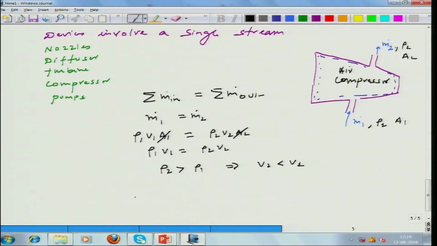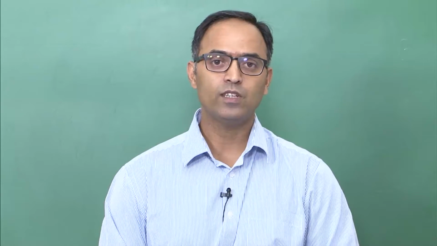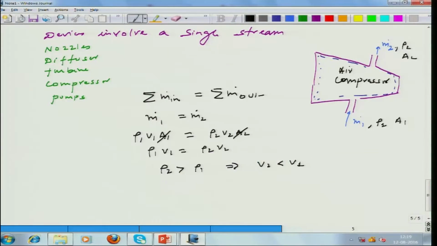So we can consider a specific case for this single stream steady flow process, and this would be the case of incompressible fluid. For the case of incompressible fluid, your rho 1 is the same as rho 2.